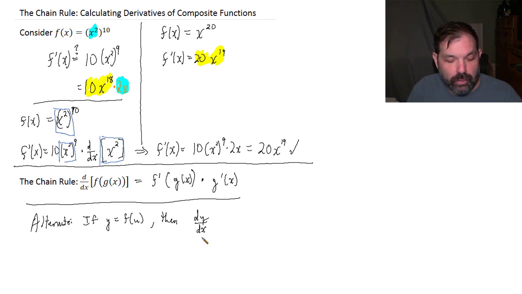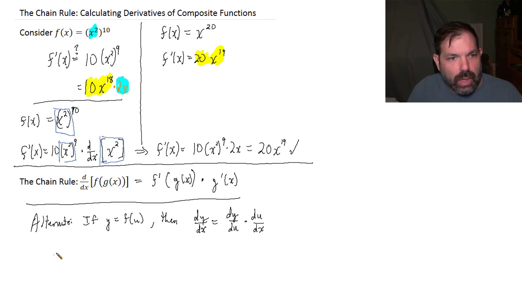So be very careful about this. Then dy dx would be the derivative of y with respect to u times the derivative of u with respect to x. Now, let's see this in terms of the exercise we just did.